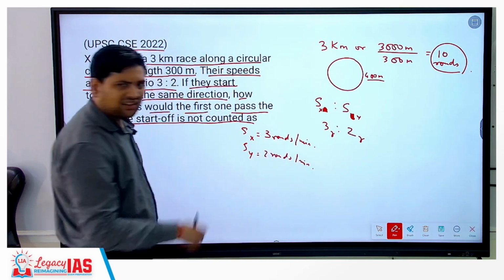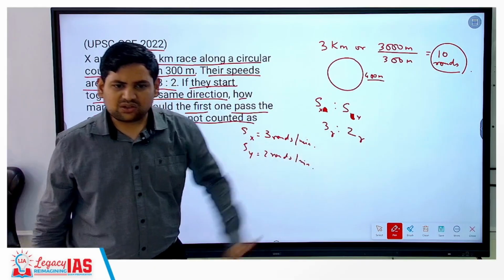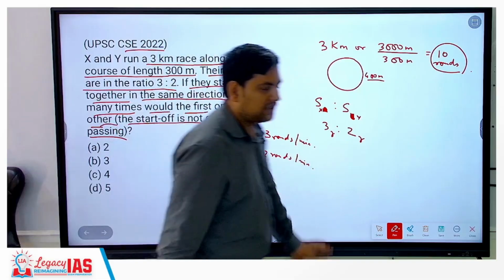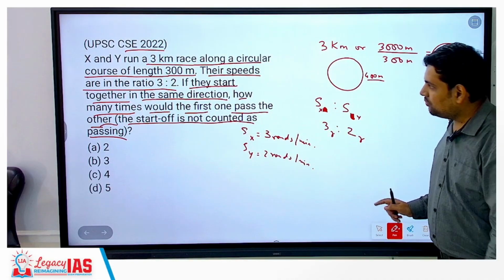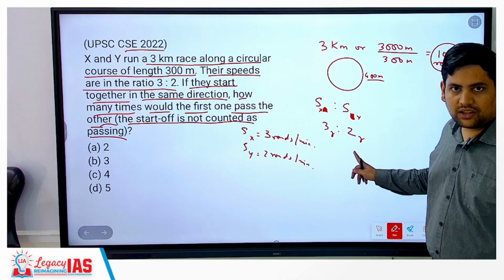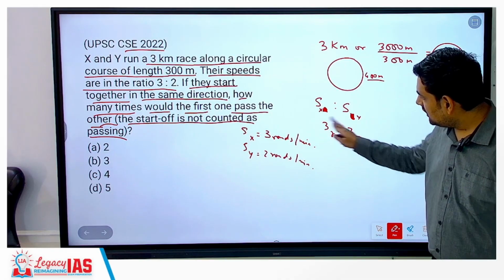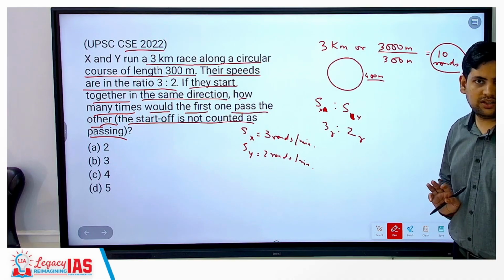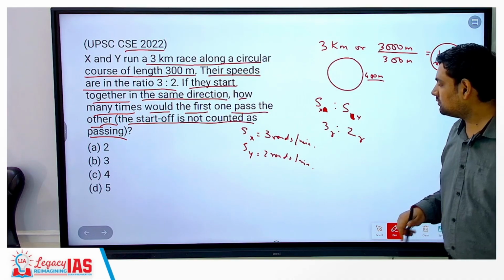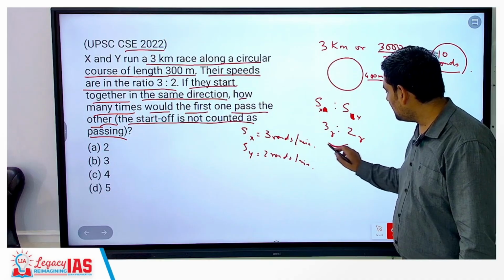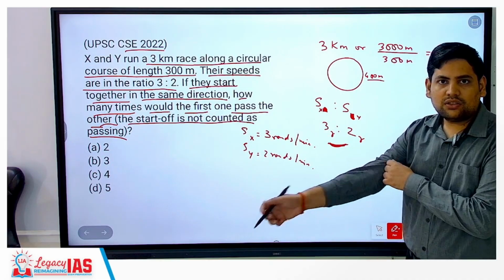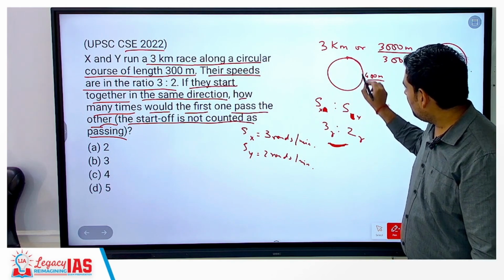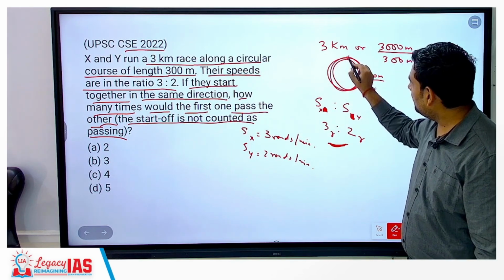Now if you take their ratio, it will be 3:2. Fine. So what I assume is that when x covers 3 rounds, y covers only 2 rounds and then they meet. Correct? When x covers 3 rounds, 1 2 3, x is here.